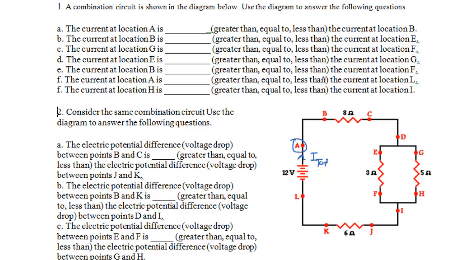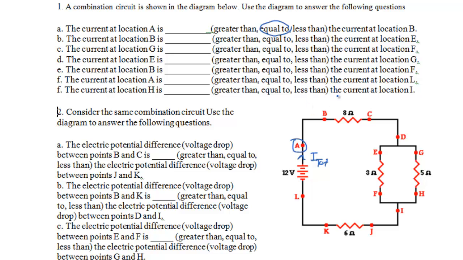This will be I total. So in part A, is the current at location A greater than, equal to, or less than the current at location B? Of course, since there are no junctions, it's equal to.